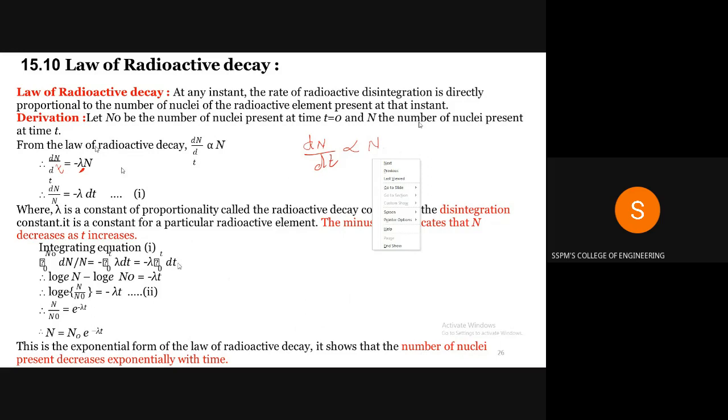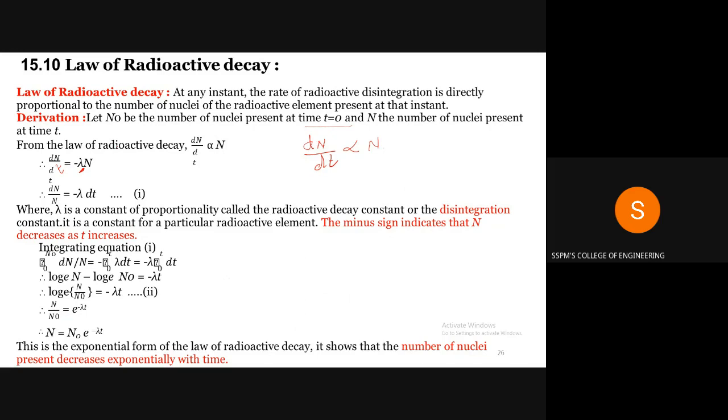So it is governed by the very fundamental equation N upon N0 equals e raised to minus lambda t. What is N0? N0 is the number of nuclei present at t equals 0, that is, at the initial stage when the radioactive decay process has not started.